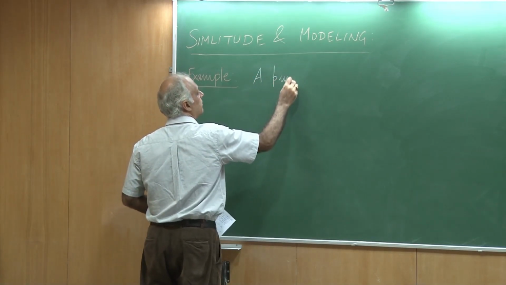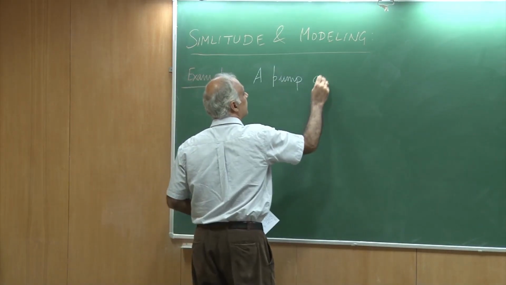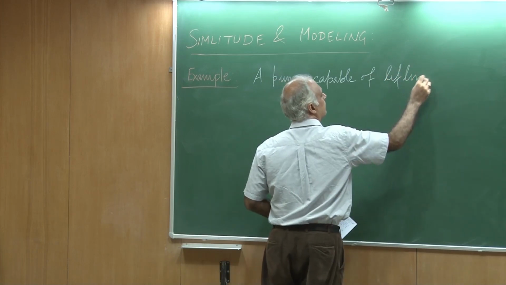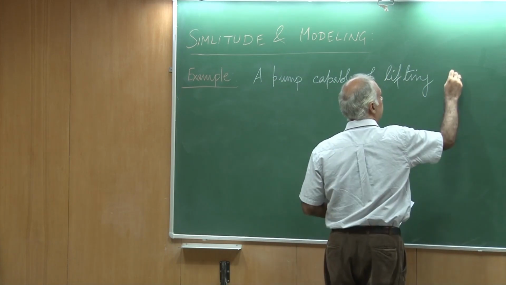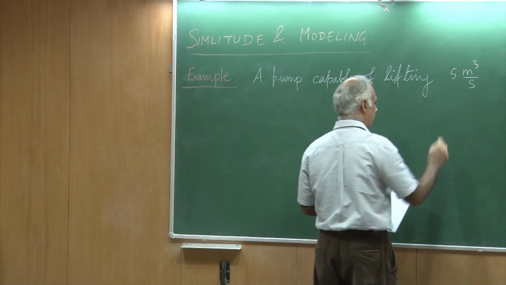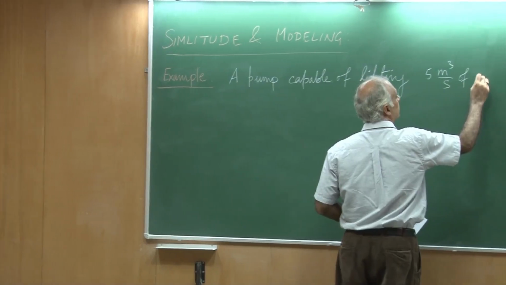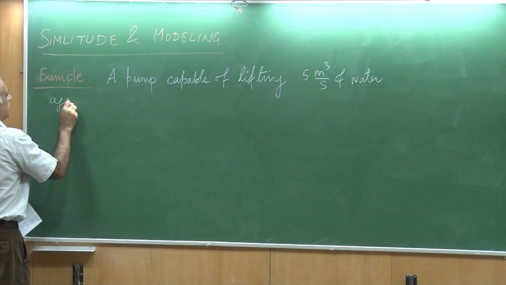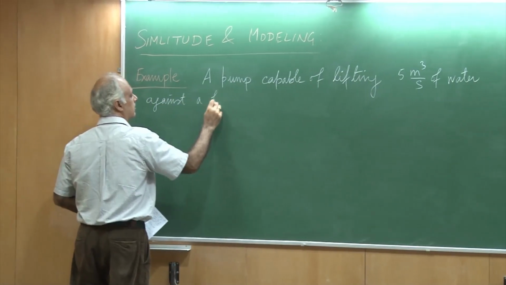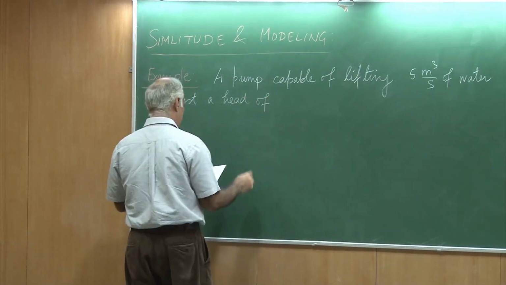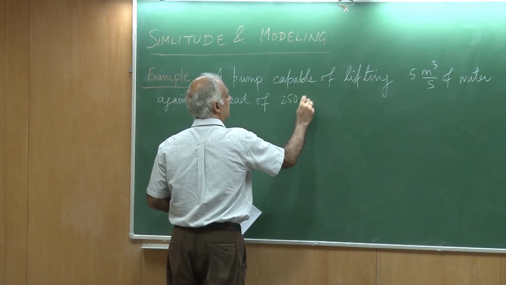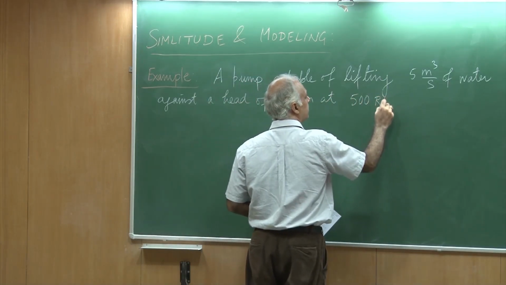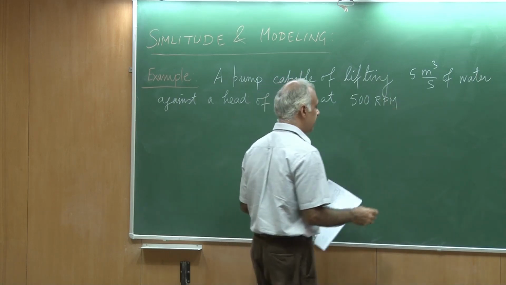So, let me write down the statement that a pump capable of lifting 5 meter cube per second, so that is the volume flow rate of water, against a head of 250 meter at 500 RPM. So, that is the RPM of the pump, is to be designed.